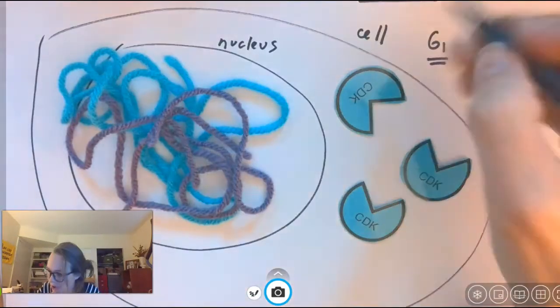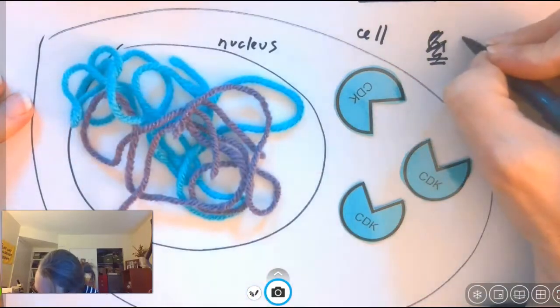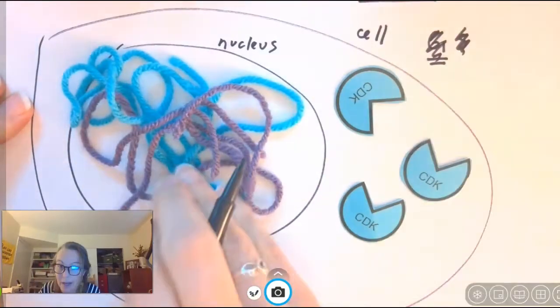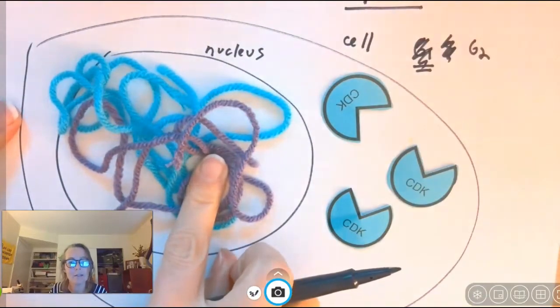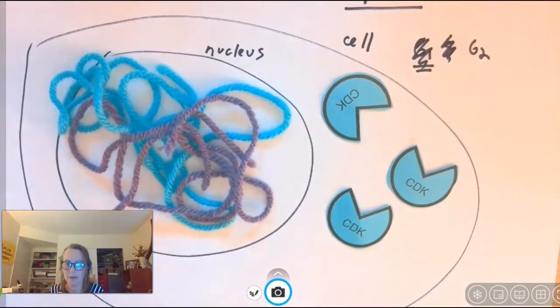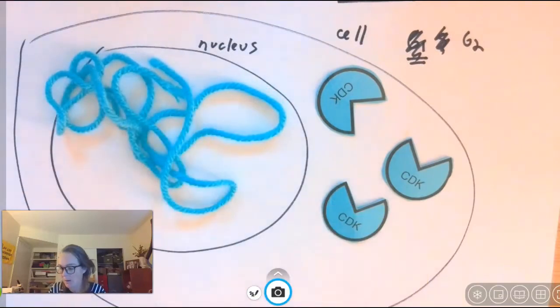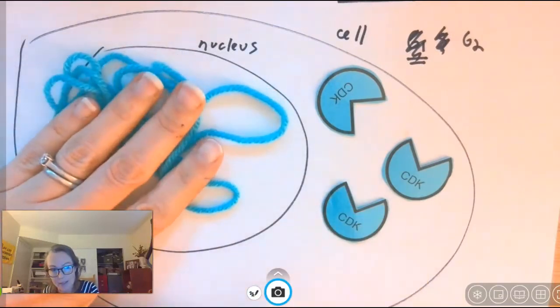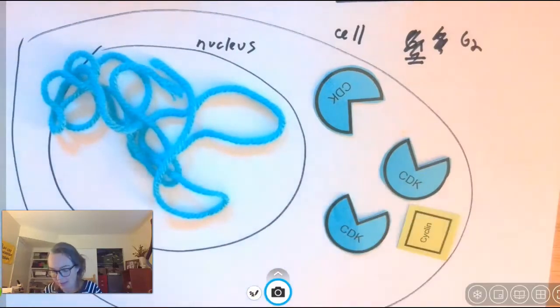Now we've finished G1, the DNA is replicated, we've finished synthesis. Now we're in G2. The DNA is replicated, and we want to move into mitosis. Our G2 cyclin will have been building up. When the DNA replicates during synthesis, we make a G2 cyclin.